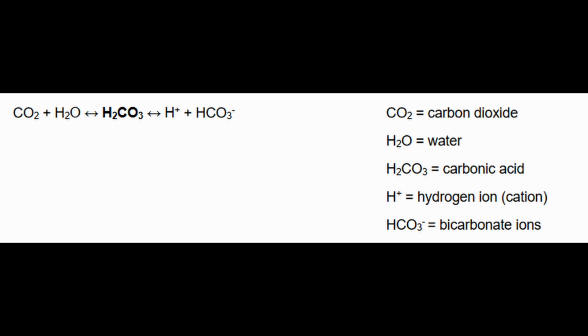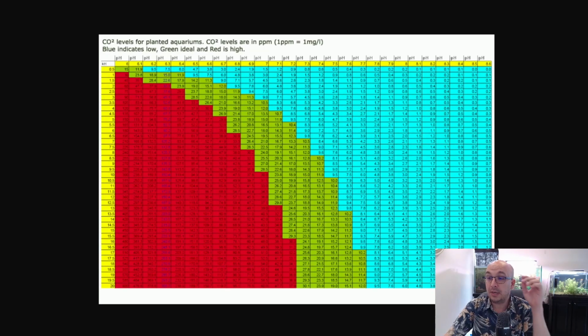If there are free carbonates present, they combine with the loose hydrogen ions and get converted back into carbonic acid. This way, KH acts essentially as a pH buffer by preventing too many loose hydrogen ions. So now we know that CO2, KH and pH are all balanced by that equation.